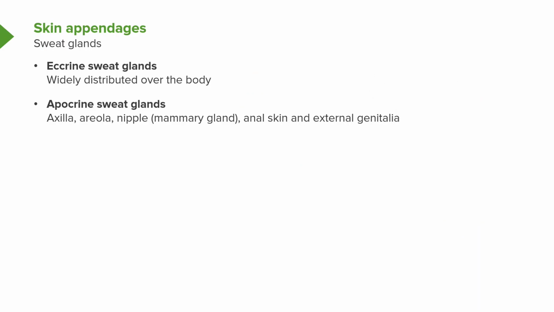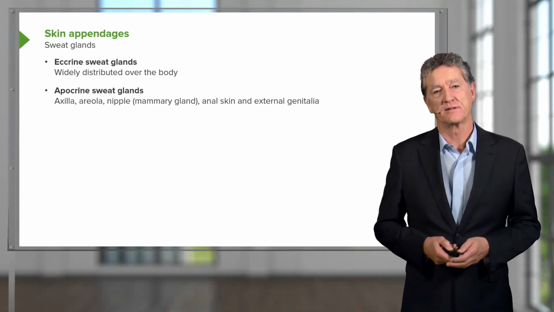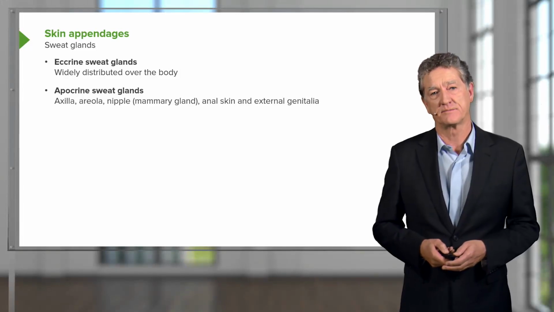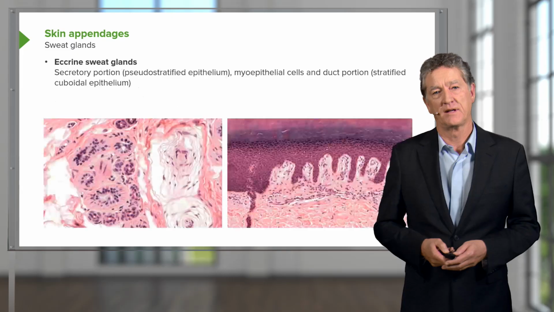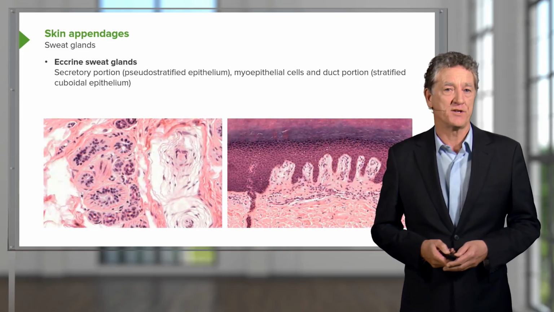Let's look at the sweat glands in more detail. There are two types. Eccrine sweat glands that are widely distributed over the body, and also the apocrine sweat glands that are restricted mainly to the locations of the body I've listed there, particularly the axilla. Here's an eccrine sweat gland.